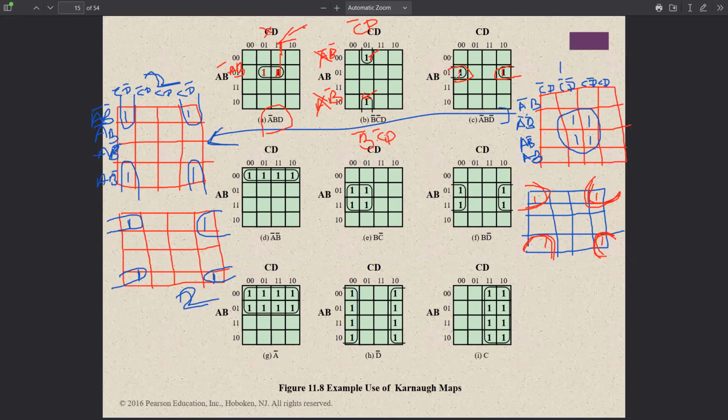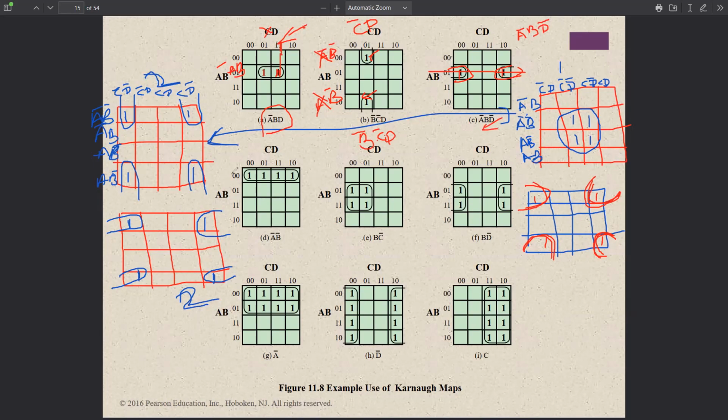In that particular row, A bar B is not going to change, so we can simply write A bar B. Only these two we need to consider. Here it is C bar D bar, here it is C D bar. What is the changing variable? C. So we can omit C and write D bar. That is the answer: A bar B D bar.